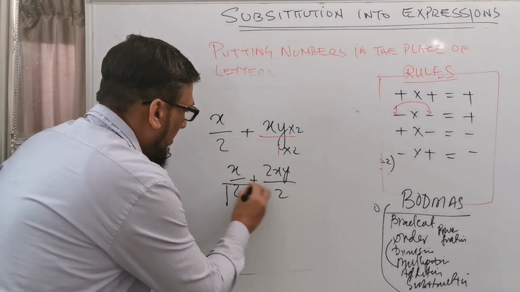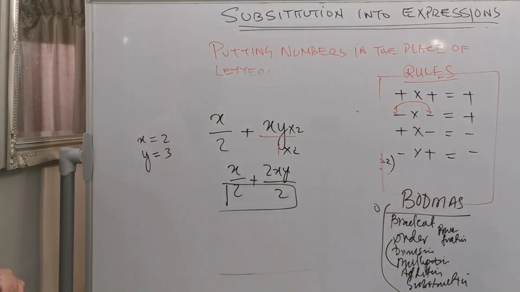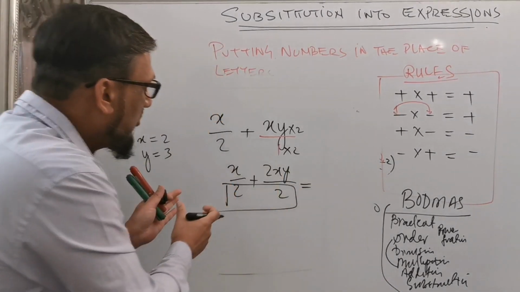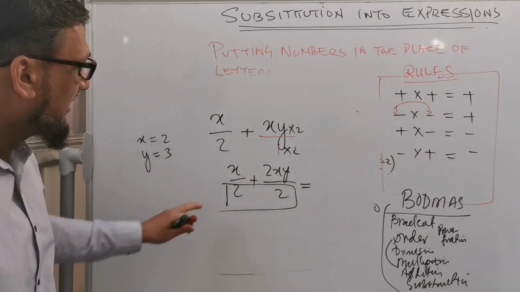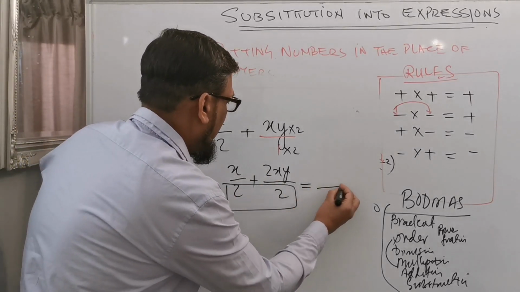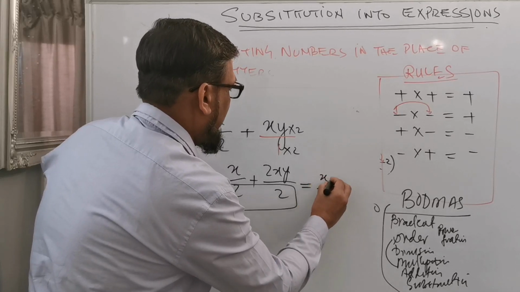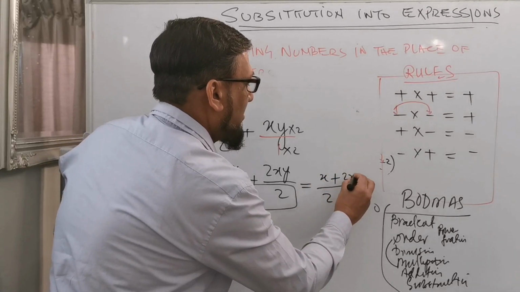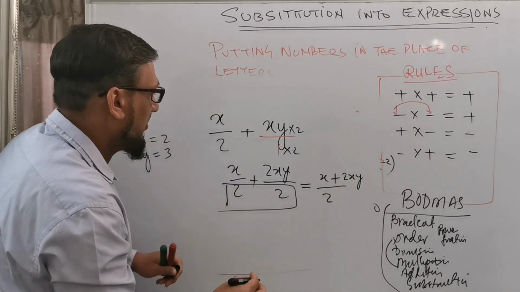Now the denominators are the same. Now you can substitute the values of x and y into this expression. So our final expression is like 2x plus 2xy over 2.